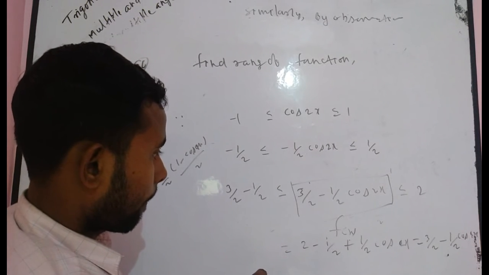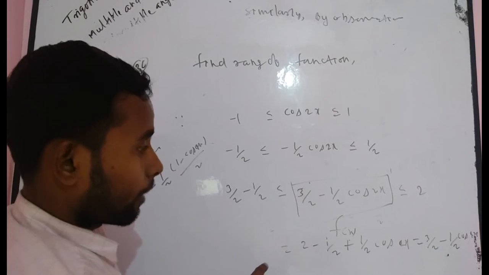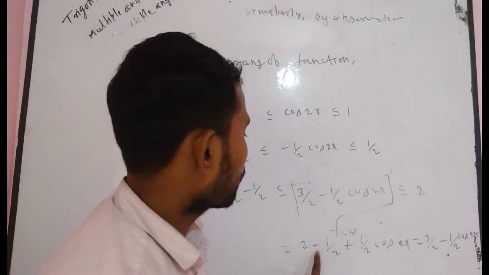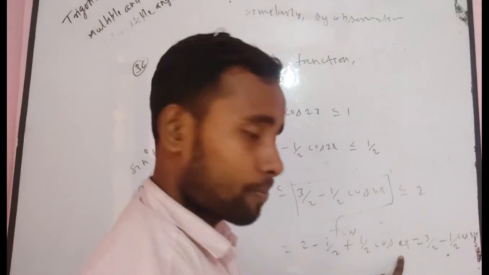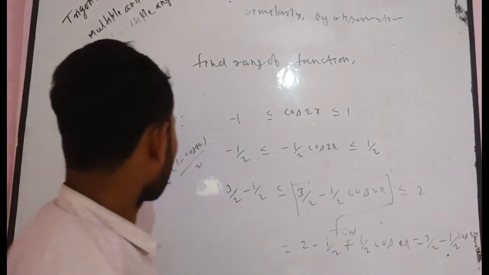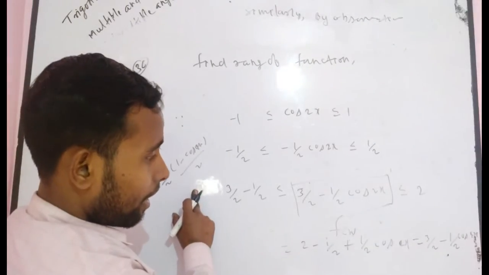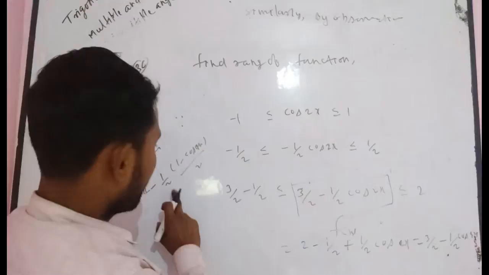Okay, I have done some mistakes. Here will be 2 minus half plus half cos 4x. Half cos 4x. There is also already half.